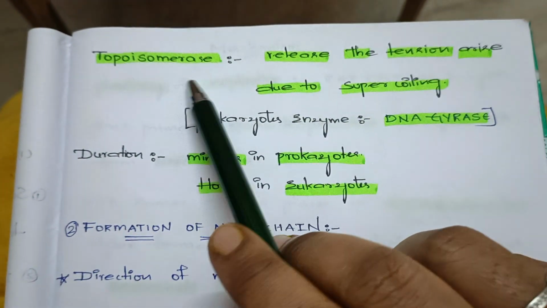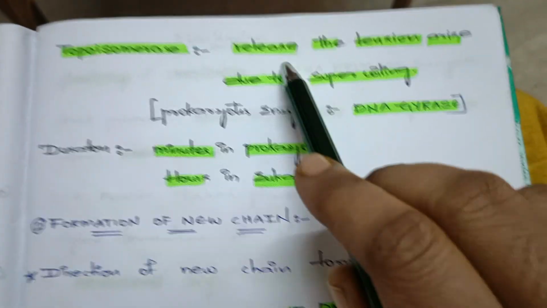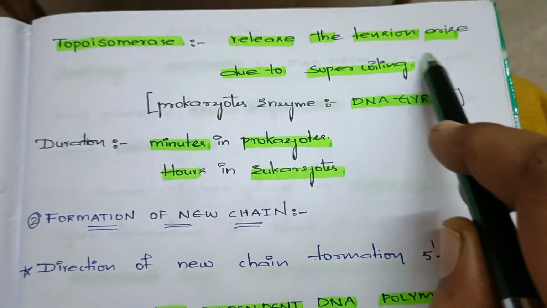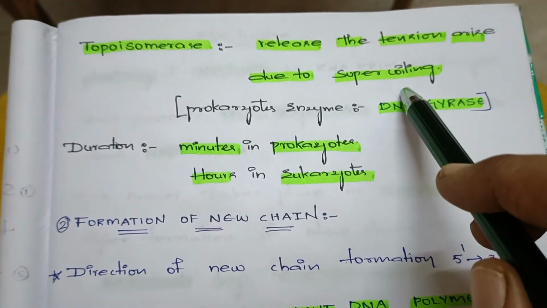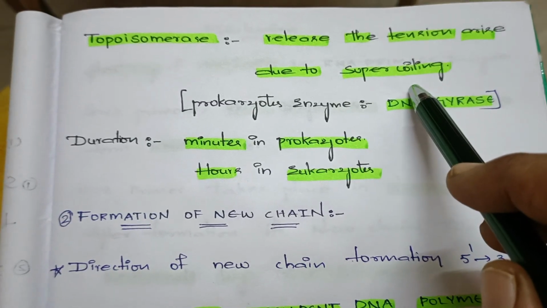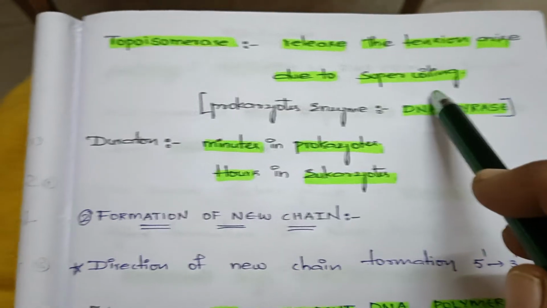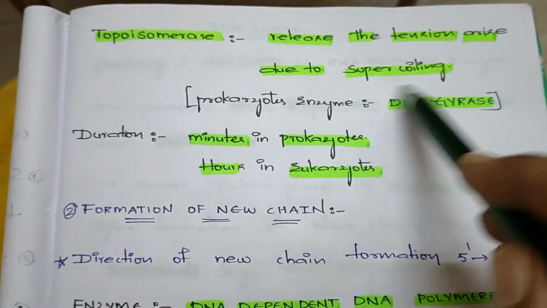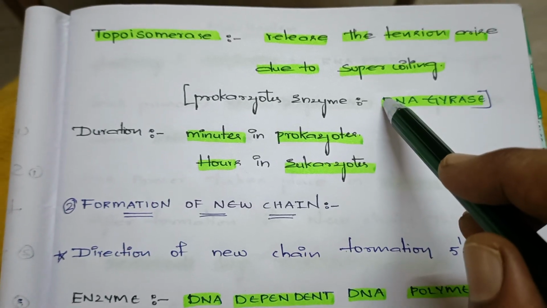And the remaining few enzymes we should know. The first one is topoisomerase. This enzyme is useful for releasing the tension arising from supercoiling. DNA is a double stranded supercoiled helix, and during unwinding there is a lot of tension because of the supercoiling.